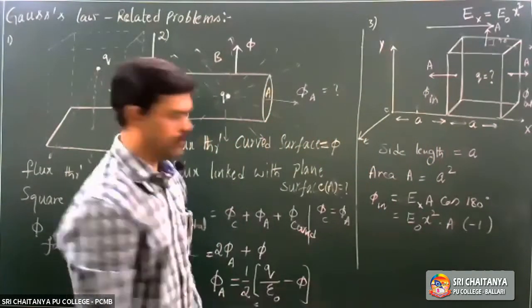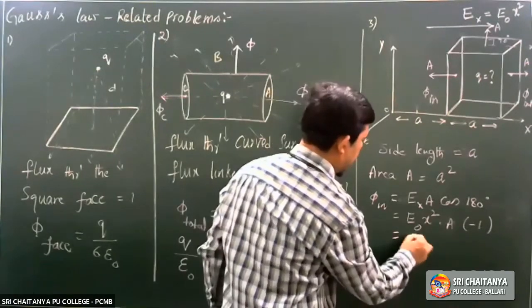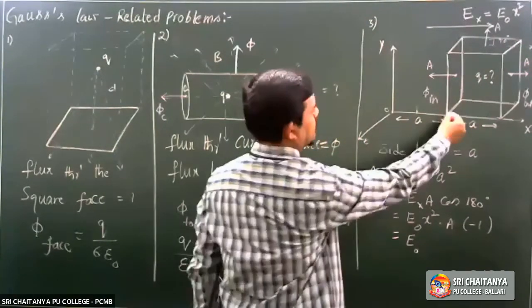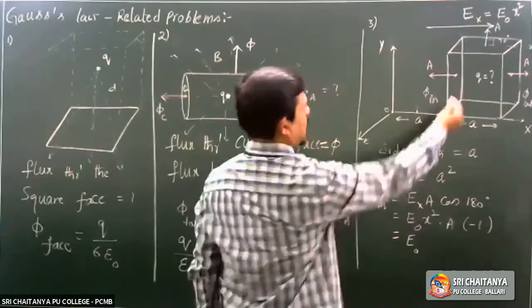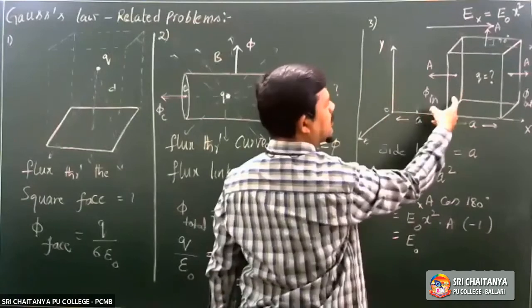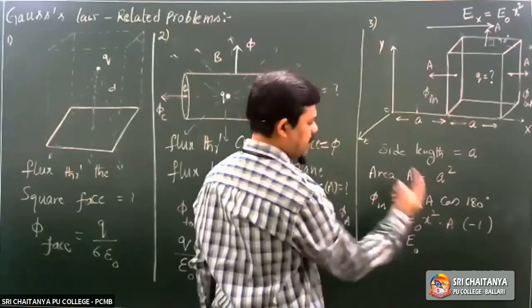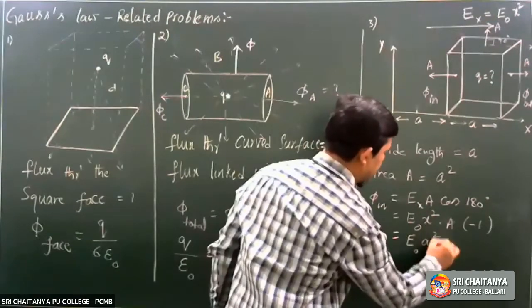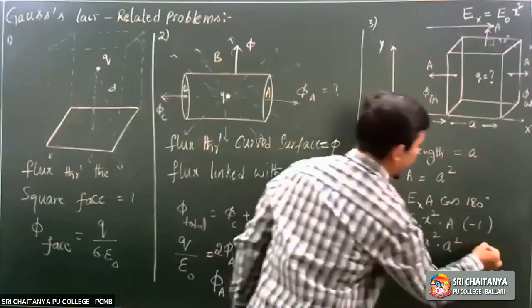Cos 180 is minus 1. See here, E naught, what is x up to here? x is equal to a. From the origin, this face is at a distance a. So x is equal to a square. Area is also a square, minus of.